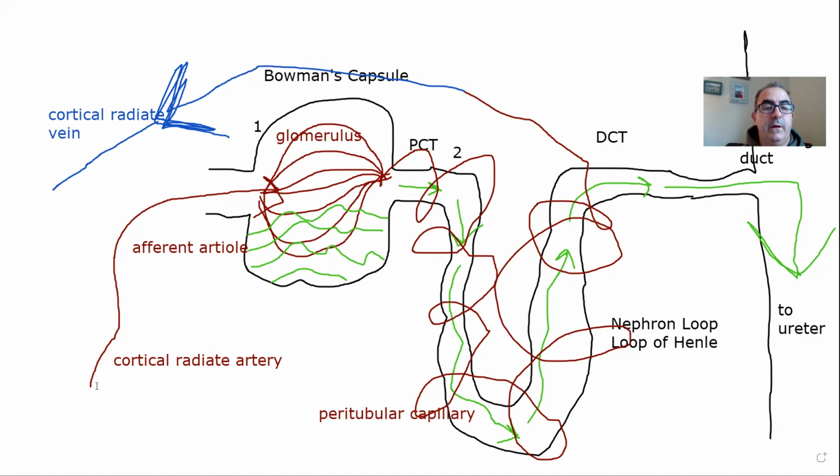So your cortical radiate artery brought blood into here. The cortical radiate vein, remember, is going to bring blood back out of the kidney, back to your heart. So whatever is here in this vein has already been filtered, right? This is the quote unquote clean blood. Whatever this green fluid, whatever reaches the ureter, is going to travel through the collecting duct, through the renal papilla, through the minor calyx, through the major calyx, renal pelvis, ureter, right? That's what this fluid is.